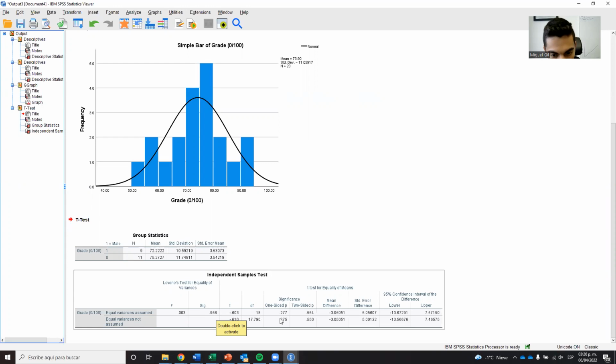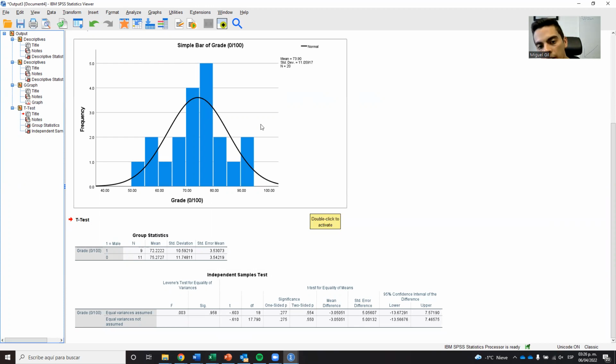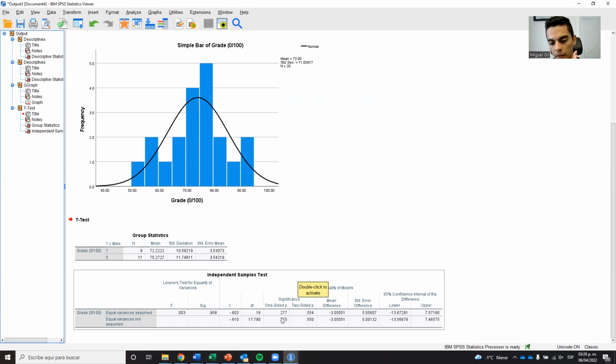The next thing that you need to check is the significance, and usually it is the two-sided p-value. The difference between one-sided p-value and two-sided p-value is if you only care about the higher grades, like the average to the high, then choose one-sided p, because you only care about one side of the distribution.